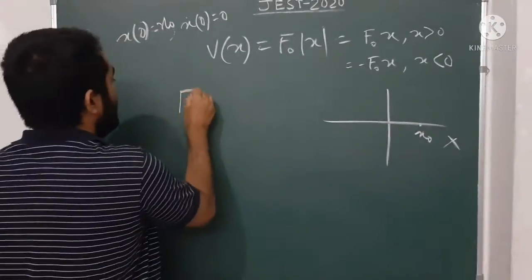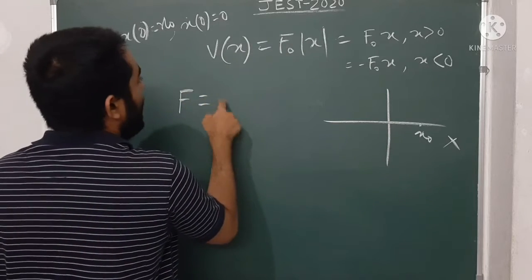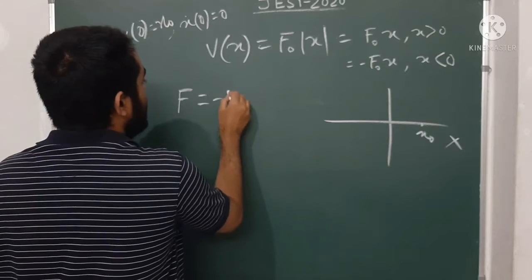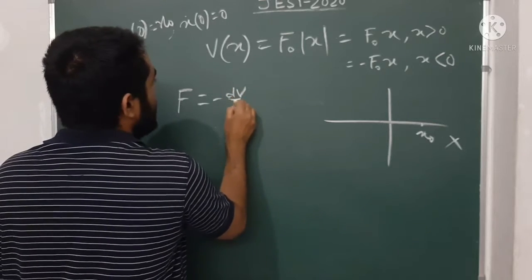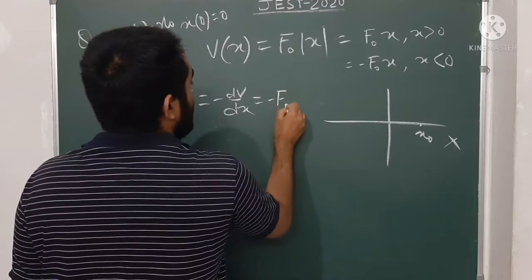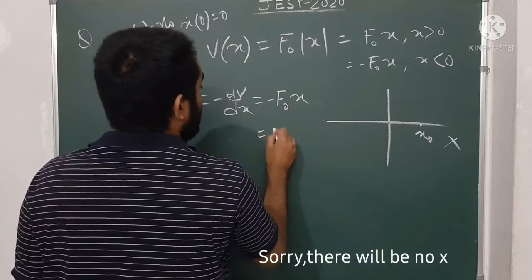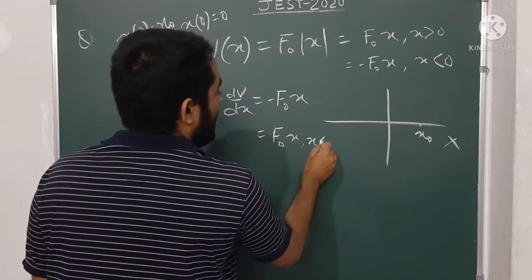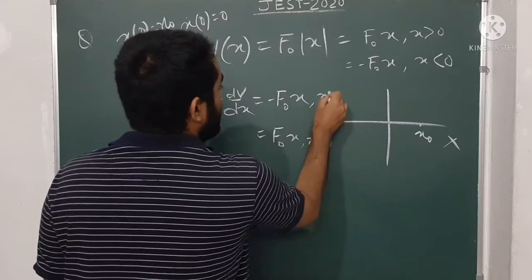We know that force equals minus grad V, and since this is 1D, minus dV/dx. So this is minus F naught for x greater than 0, and F naught for x less than 0.